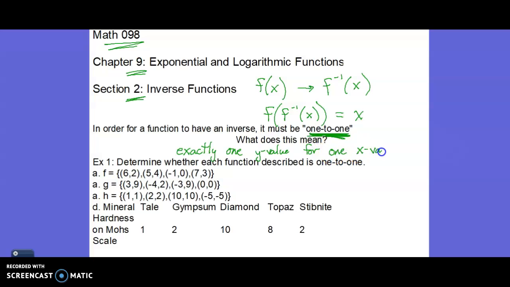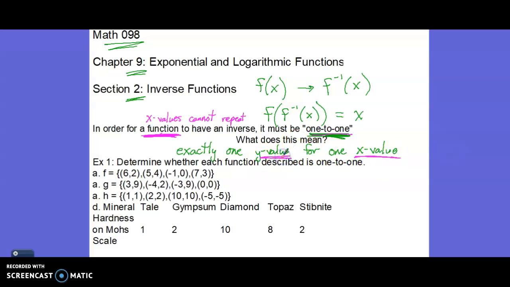Why is that the case? Well, if you remember, if we have a function, then the x values cannot repeat. So what that means is if we have a 1-to-1 function, if an x value cannot repeat, then the y value also cannot repeat.